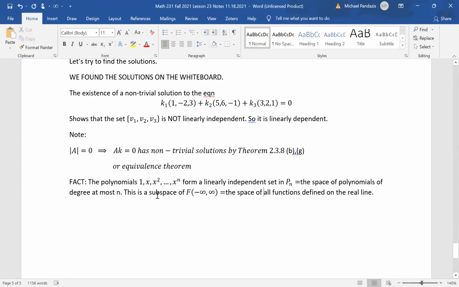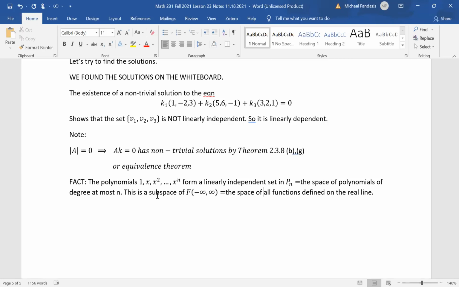I also mentioned that this space is a subspace of the space of functions defined on the real line. Okay, every polynomial you can think of as a function where you input a real number and the output is the value you get when you plug the number into the unknown of the polynomial. So if you have the polynomial x cubed, you can think of it as a function where the input is the number x and the output is the number cubed.